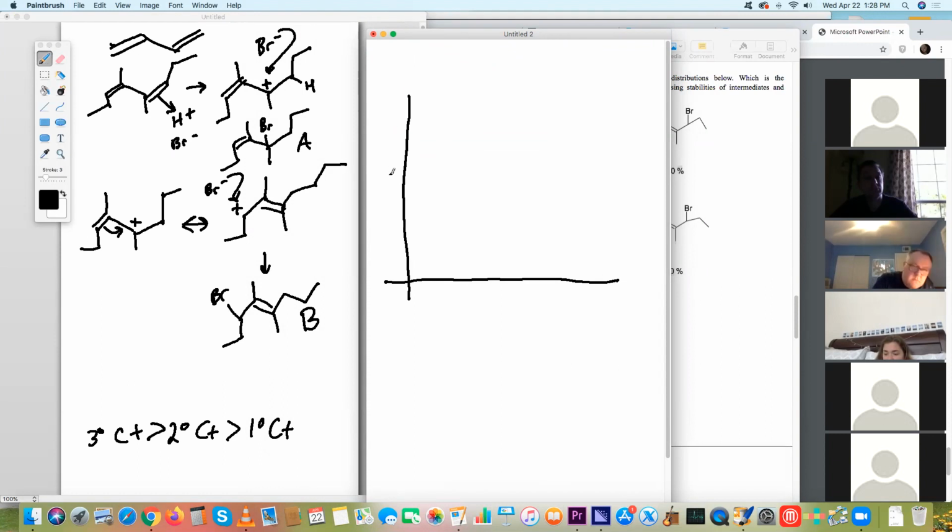So I'm going to draw an energy diagram here. Energy on this axis, reaction pathway on this axis. The start will be the diene and HBr. So that'll be the starting energy.